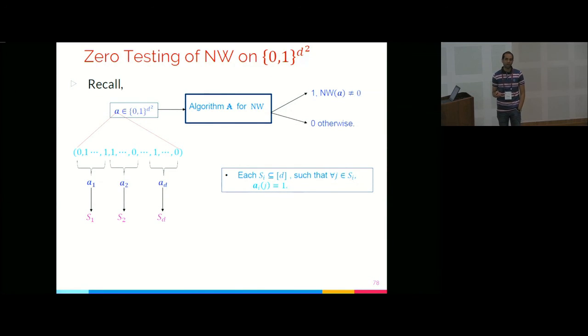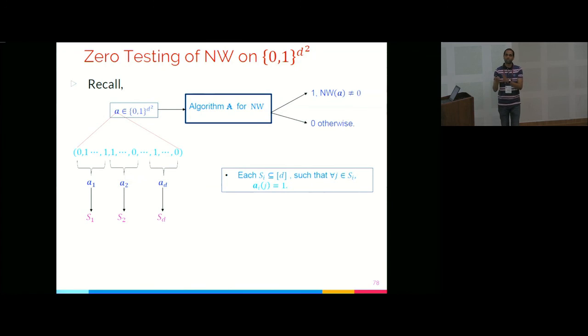Now using these subvectors A1 to Ad, I define sets like this. For each i, I define the set Si, which is a subset of D. It contains all the elements j such that the jth entry of the vector Ai is equal to 1.